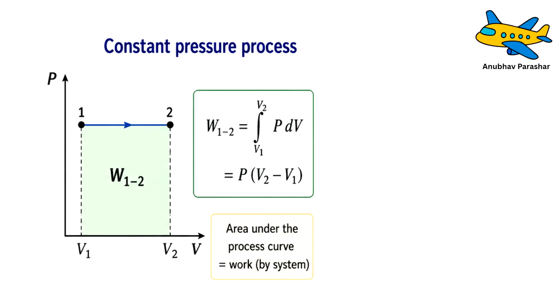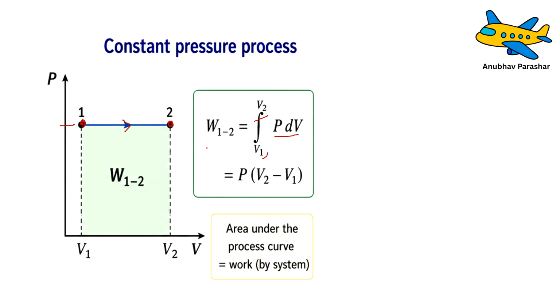Now let us look at the constant pressure process. So this is the constant pressure process, right? You can see the system is moving from point 1 to point 2 and the pressure is constant throughout the process. It is this pressure. So work done in the process 1 2 can be written as the integration of P dV from V1 to V2.